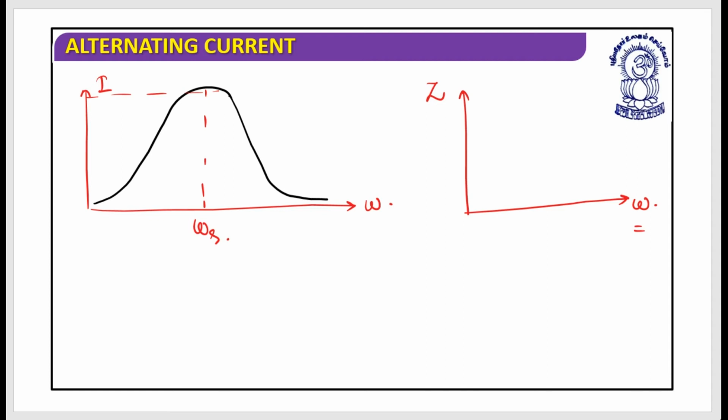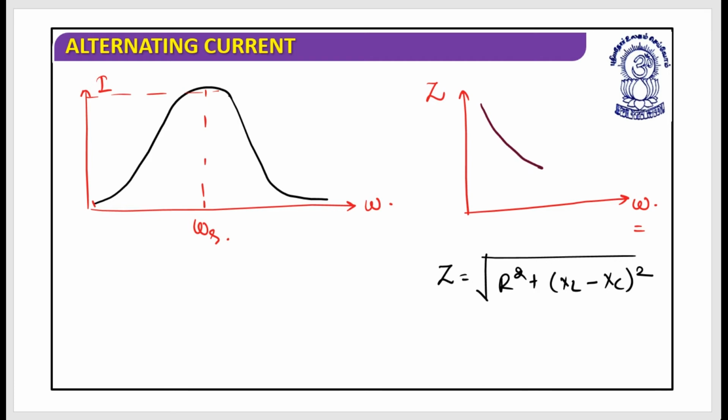What we understood is that this Z is equal to root of R square plus XL minus XC whole square. So initially, as you can see, the current is at minimum level, so the impedance will be at maximum level.